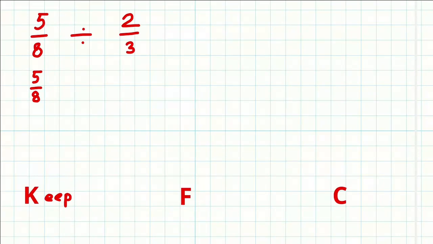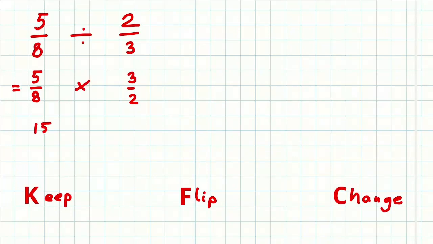The F stands for flip. That means we take the second fraction and flip it over. The C stands for change. So we change the divide into a times. And now we multiply the tops, multiply the bottoms. See my previous video for more information.